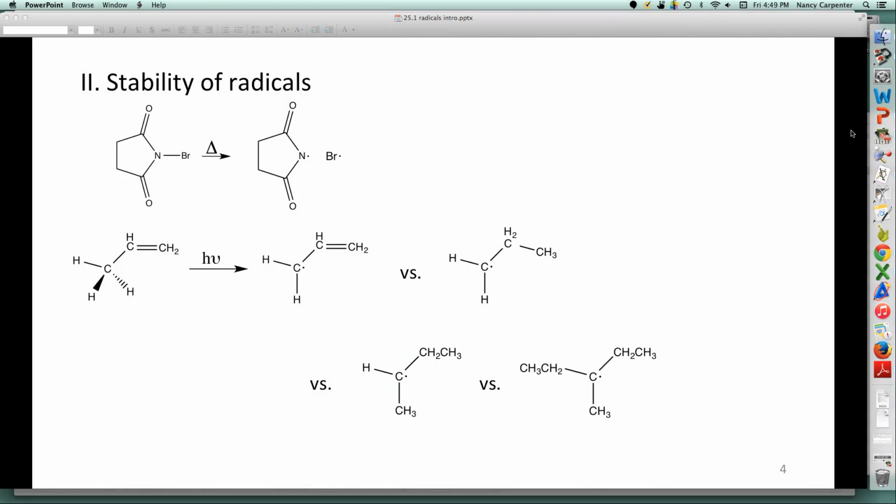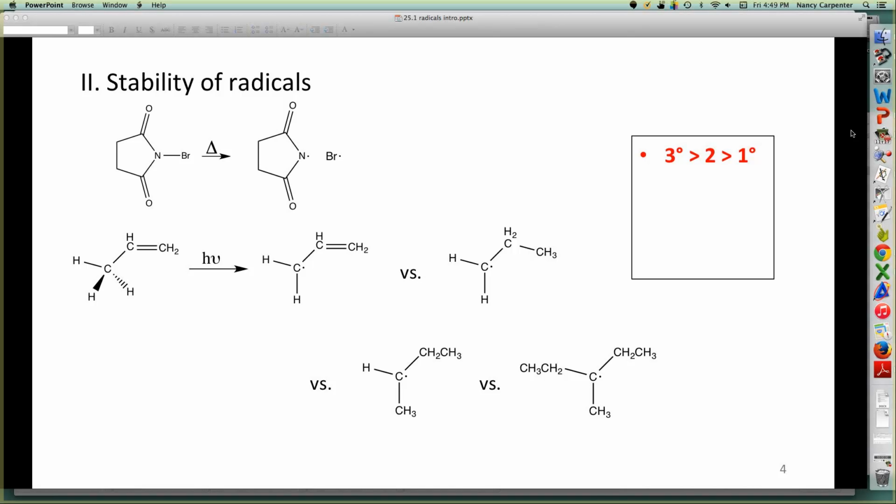So just as for carbocations, a tertiary radical, this guy here, with 3 electron releasing alkyl groups donating electron density into the carbon radical, that's going to be more stable than a secondary radical, and the primary radical is going to be the least stable.